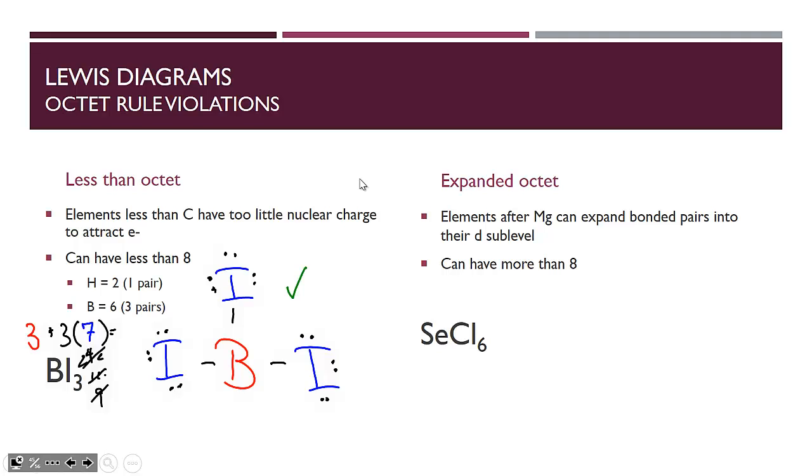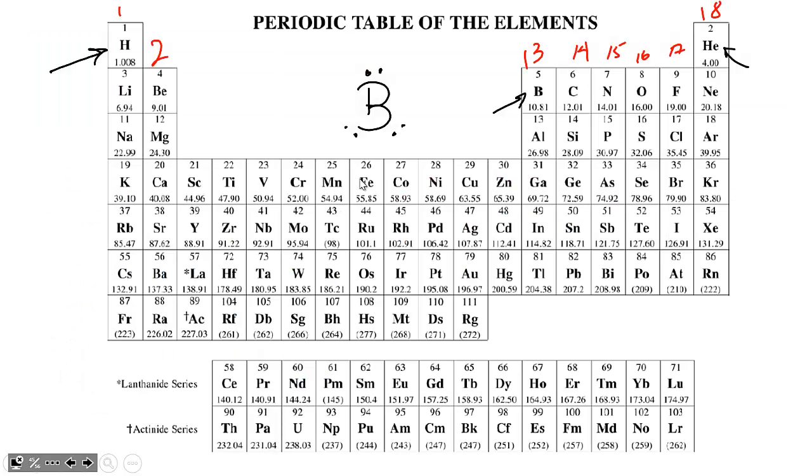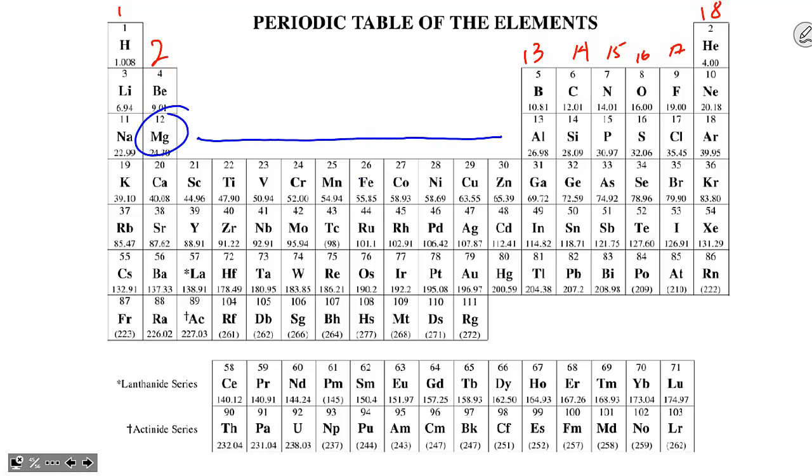Some nuclei are too weak to support an octet. Some nuclei are strong enough to support more than an octet. After magnesium on the periodic table, the D sublevel forms. Elements larger than magnesium with a nuclear charge of 13 or greater have a D sublevel where they can put electrons.